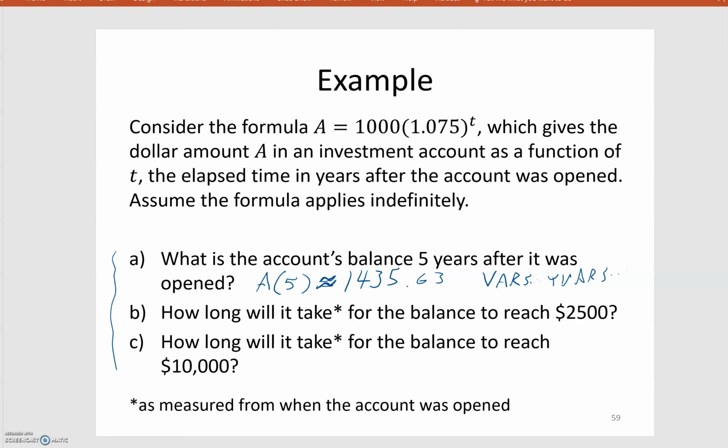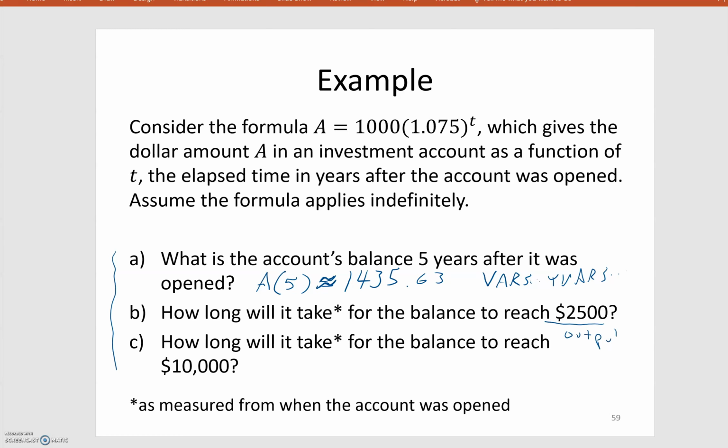Okay, let's look at questions B and C. Question B says, how long will it take for the balance to reach $2,500? So this is a different type of question because in this case, the $2,500 is an output, and I want to know the input.